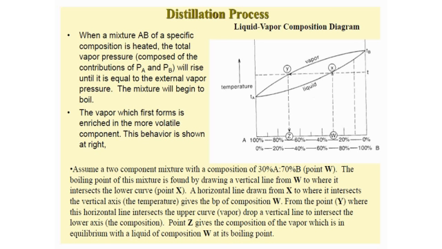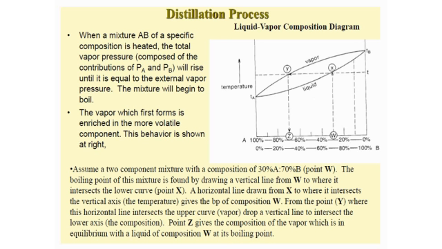The vapor which first forms is always enriched with the more volatile component. Suppose A is more volatile, B is less volatile. If we add A and B together and heat it, the first vapor which forms from this mixture AB will have the maximum portion of component A, because A is more volatile.